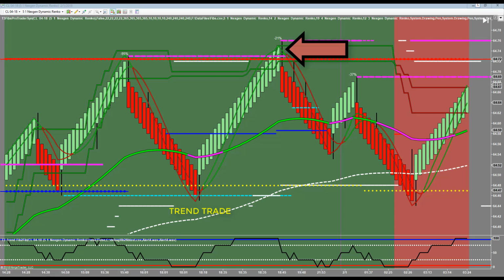Now, as we trade back up into Fibonacci resistance, this is where our counter trend traders start looking for the opportunity for a really high probability short trade.